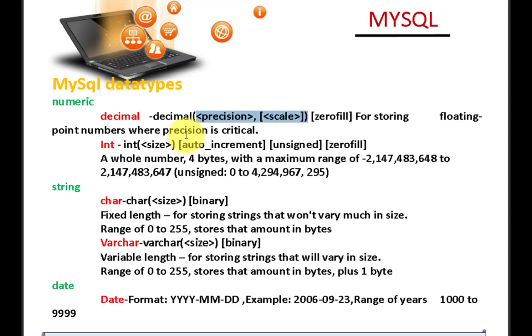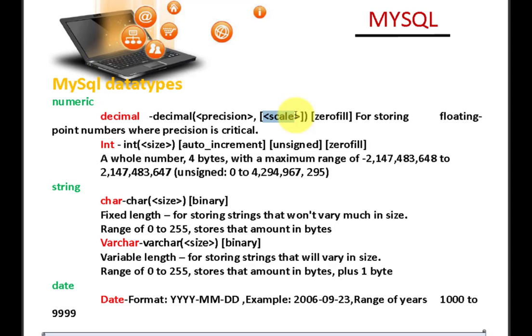The precision is the size of your digits, and the scale is for the decimal point. Like if you only want to store a value like 87.2, after 87 you have 0.2, so you want to keep only one digit after the decimal point, and this comes under the scale.